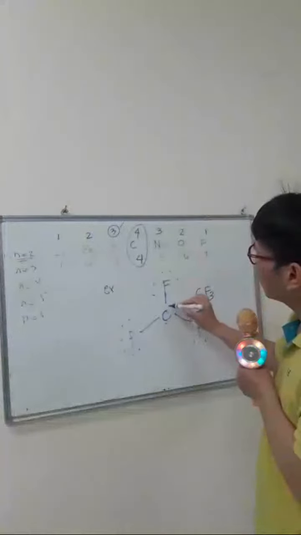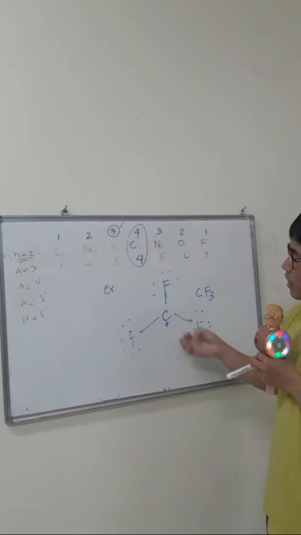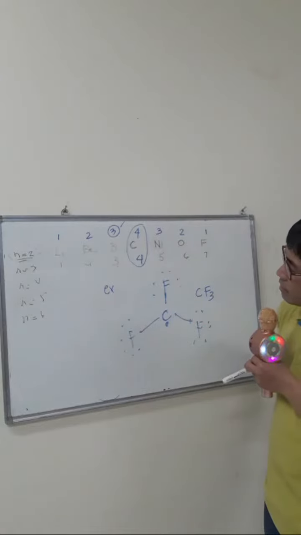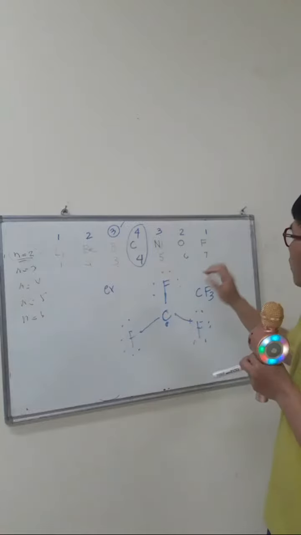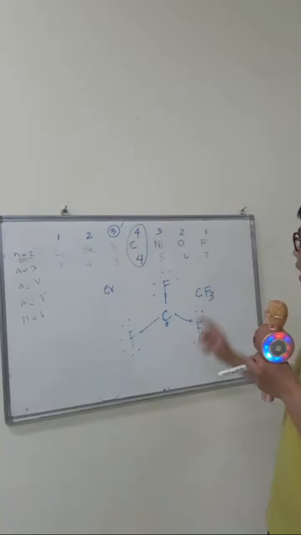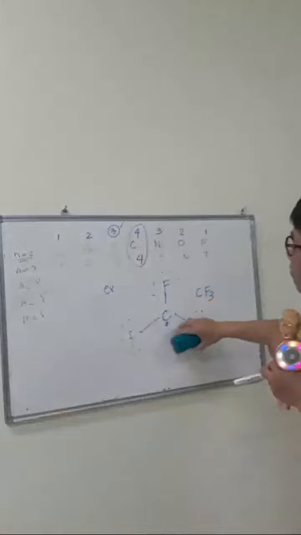So, napaka-excess. Okay? Napaka-excess ang shared electrons, both the carbon and the fluorine. So, meaning to say, this is really polar. The carbon tetrafluoride. Or carbon trifluoride, not tetra, because 3 naman siya. Okay? The carbon trifluoride is really polar.